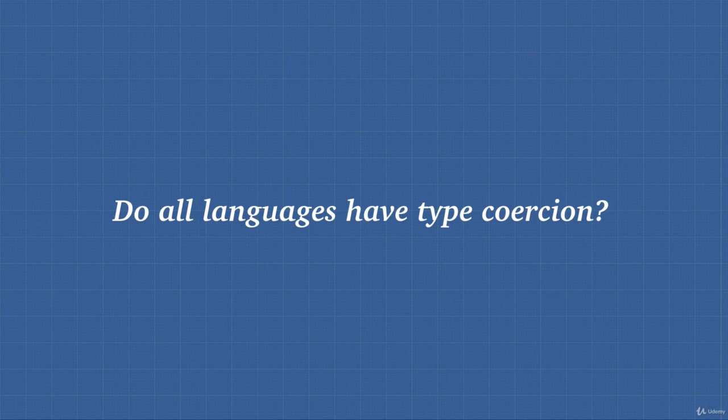The number 5 in actual physical memory on my computer is represented in 1s and 0s. And all languages do this. So there is some sort of type coercion at different levels of the stack. It just so happens that JavaScript has an especially heavy type coercion nature to it because it's dynamically typed, which is why it does this.